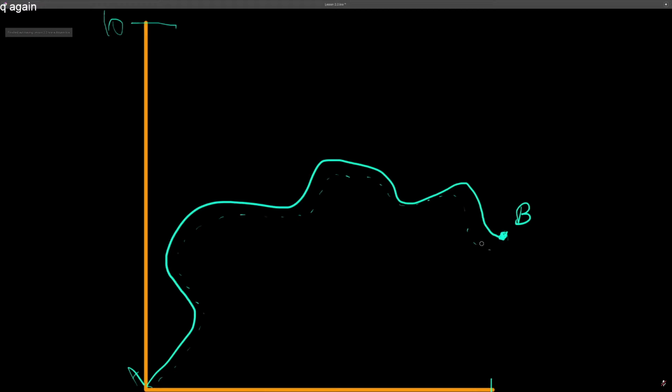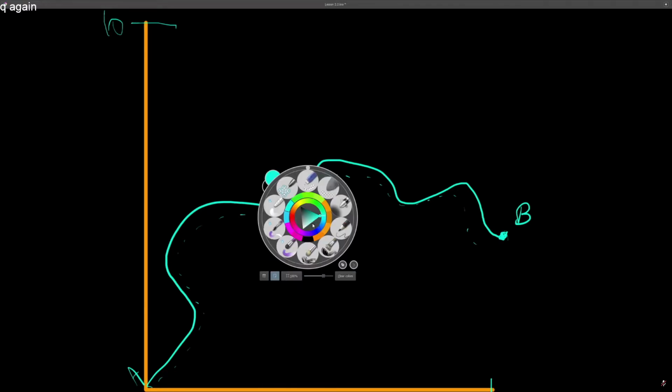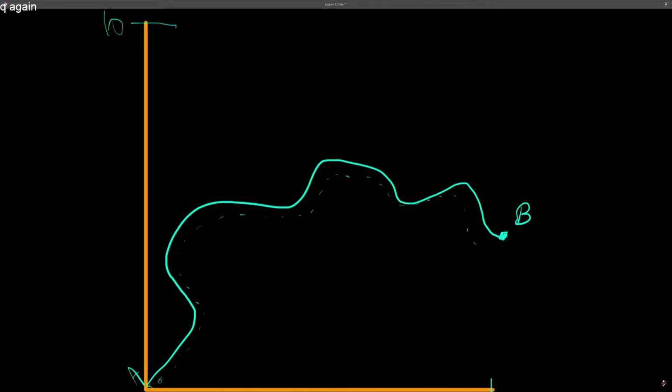So we add all these lines up. However, if we were to take only the displacement, then we would simply go from point A to point B, without going through the whole path, just a straight line between both points.